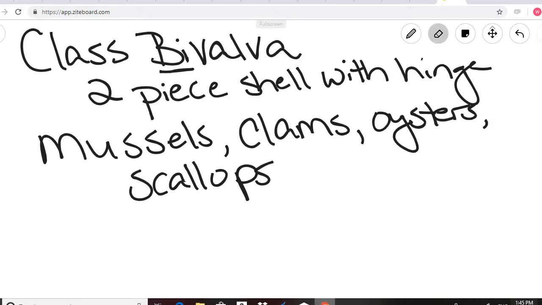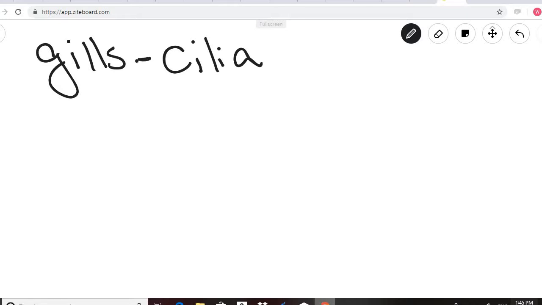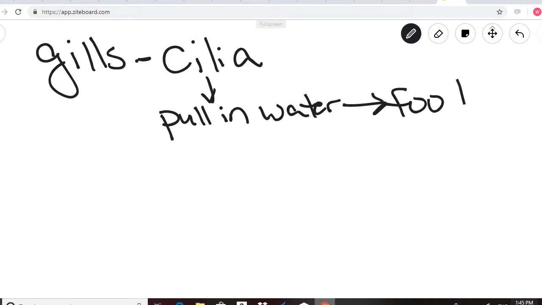In terms of their eating habits, these organisms have gills, and the gills have cilia on them. And remember those cilia are these tiny hair-like structures that beat. Well, the cilia will pull in water, and as they pull in water, there's food in that water. So the gills, even though they're a breathing mechanism, are also really important for getting food in.